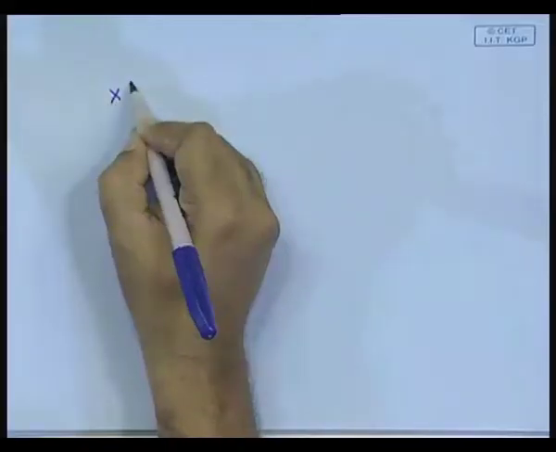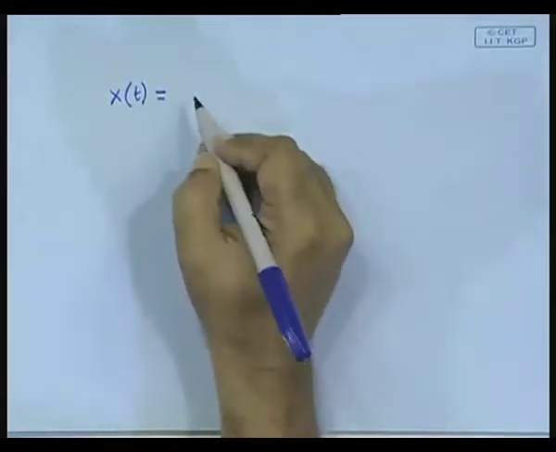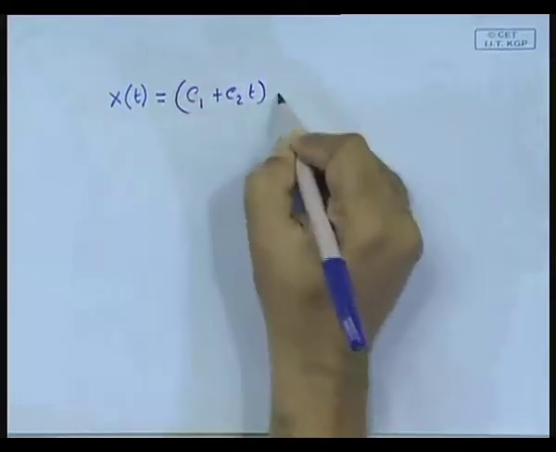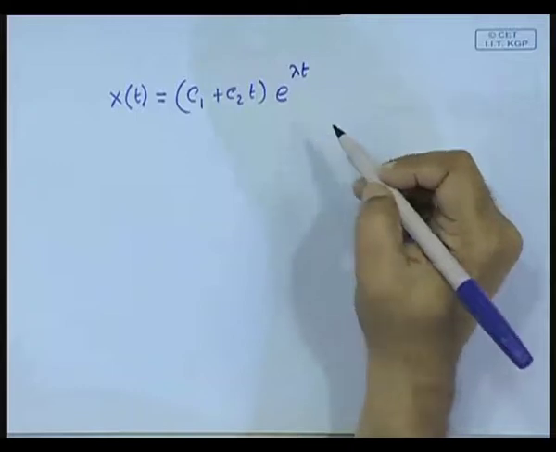In the last class there was a question, when we were dealing with equal eigenvalues. We said that the solution will be x of t equals (C1 plus C2 t) e to the power lambda t, right. That is what we said.